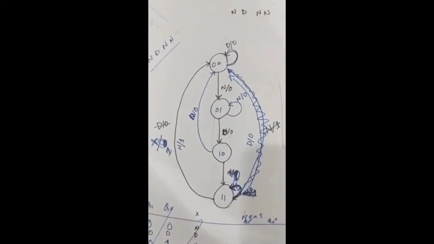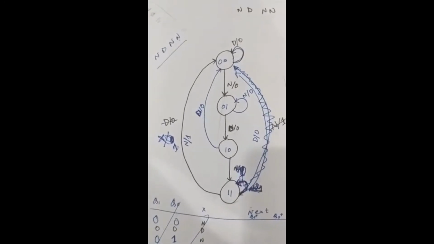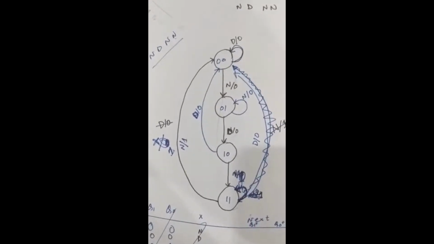So basically this is our Mealy diagram for the sequence NDNN. So once we do the diagram, we can get this state table, and from the state table, when we summarize it, we can get all the state equations.